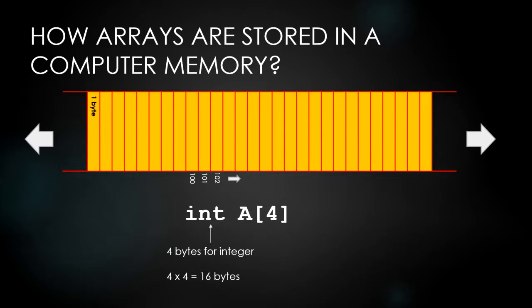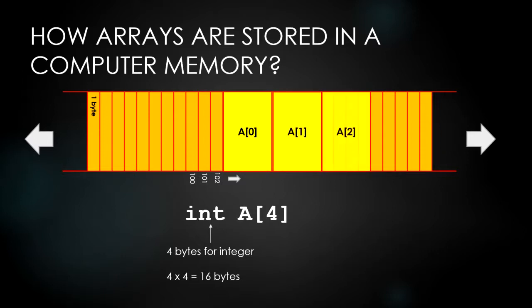For this array A, the computer allocates 4 contiguous blocks of 4 bytes each. So the first block, or the first 4 bytes, will correspond to A0, and the next 4 bytes, or the next block, will correspond to A1. Similarly, we have A2 and A3 as well.